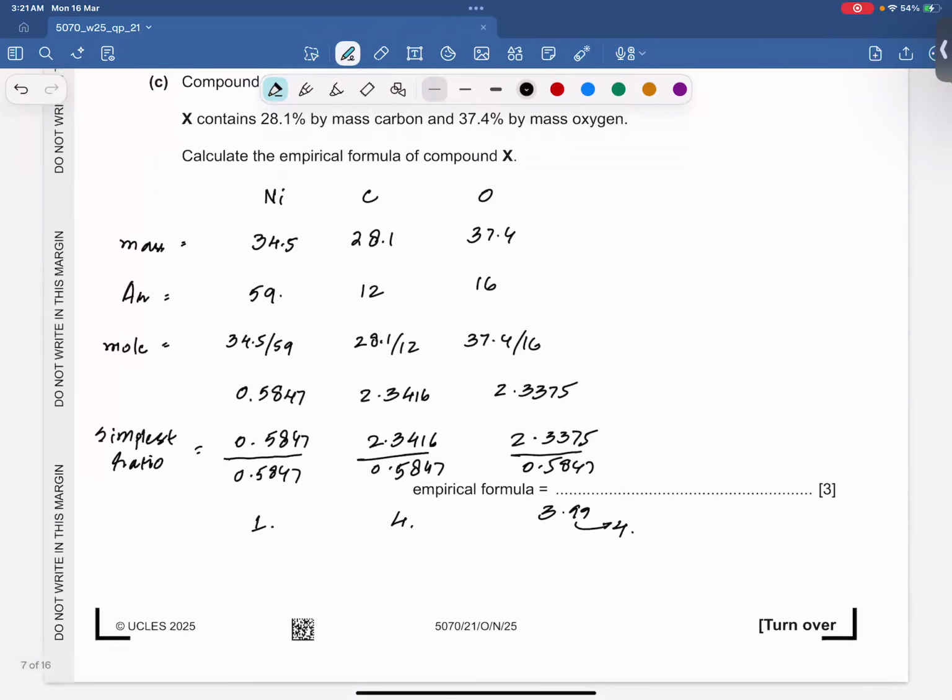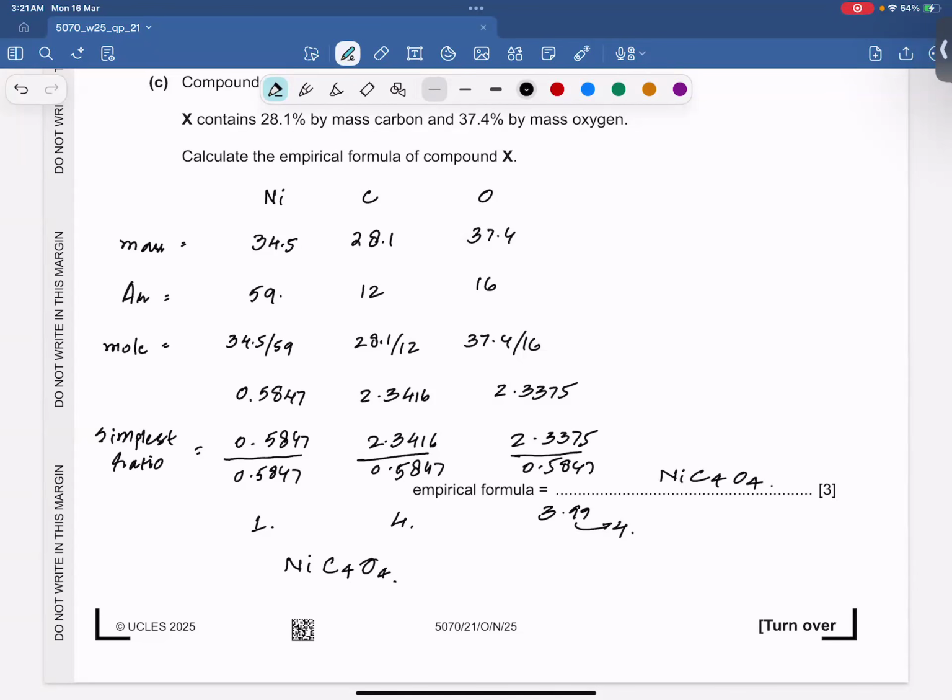That indicates we have 1 nickel, 4 carbon, 4 oxygen. So the empirical formula is going to be NiC4O4. Okay, that's the empirical formula.